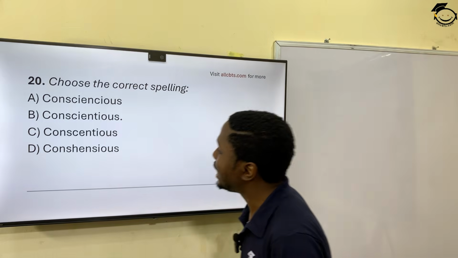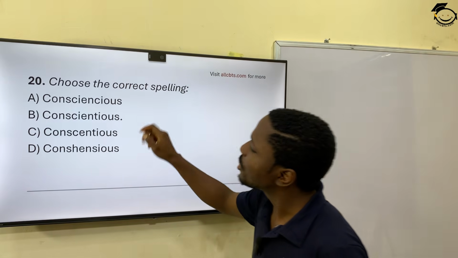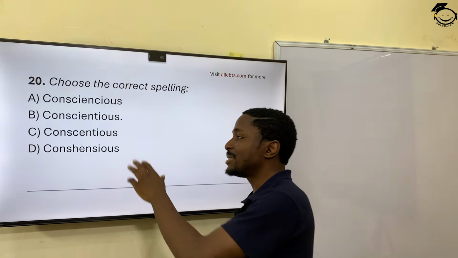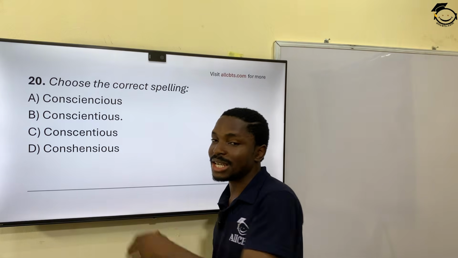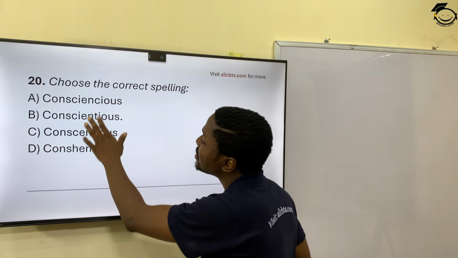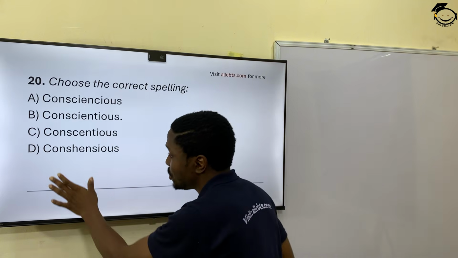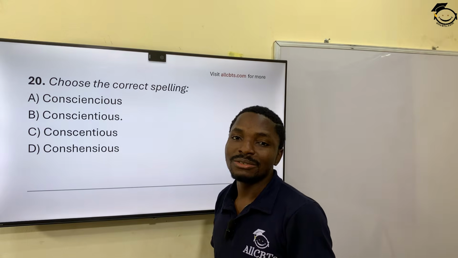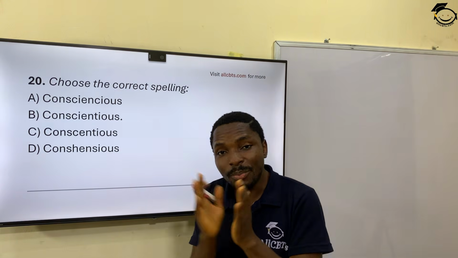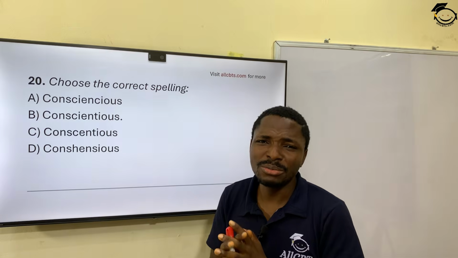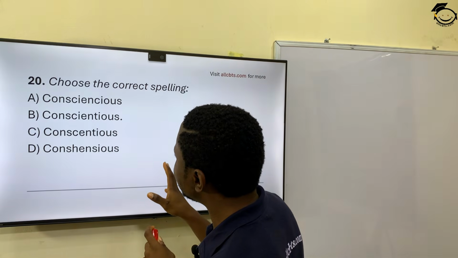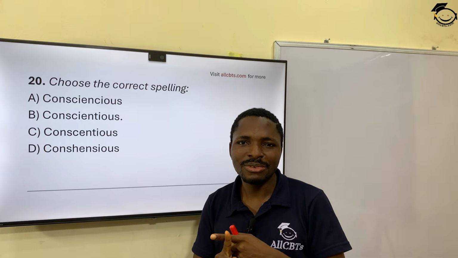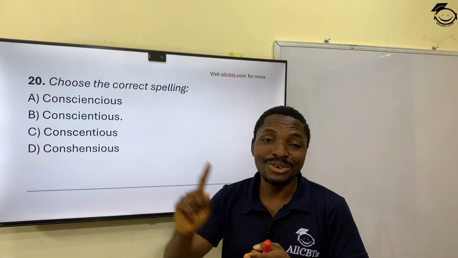Choose the correct spelling. Conscientious. They are all going to sound alike. Now I have a special way I attempt questions like this. When I see the question and the options, I just turn to the empty page towards the back of my answer booklet and spell that particular word, because if you stare at it too much, your brain and your mind begin to get confused, and that could actually lead to you taking the wrong option.